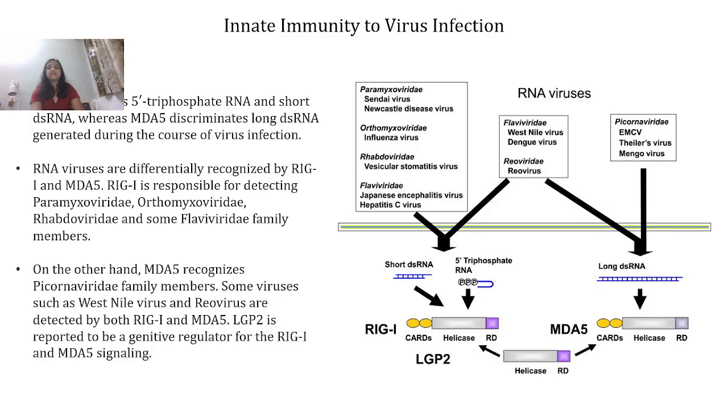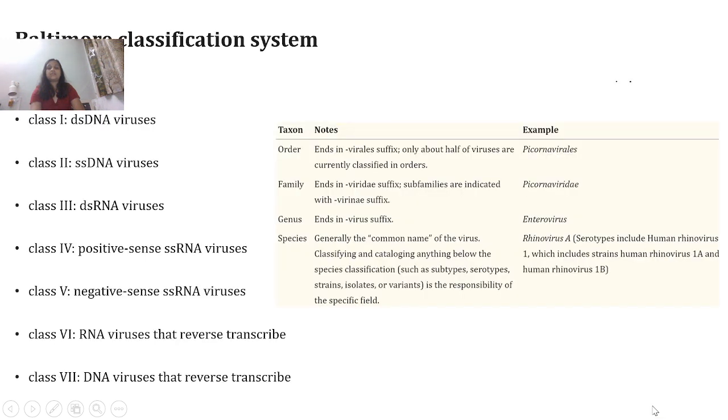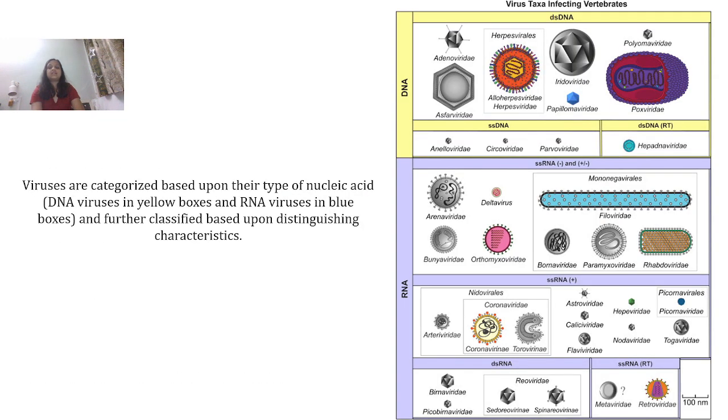Then remain the ssRNA viruses which can reverse transcribe. Examples are Metaviridae and Retroviridae, as I told, HIV, which belongs to class 6. So these are different types of viruses belonging to different classes, having different genomes, and you can see all are looking different from one another. Even if they look similar, they are different in size.